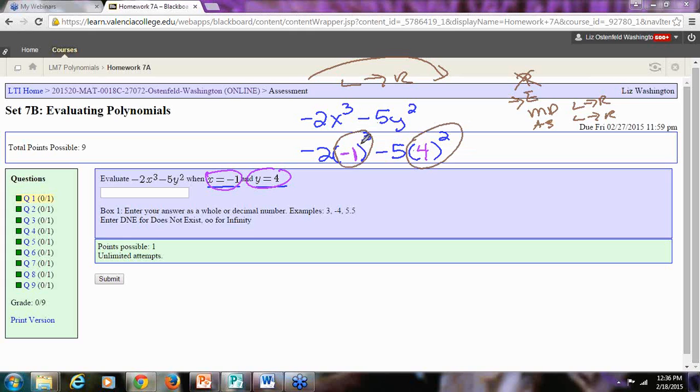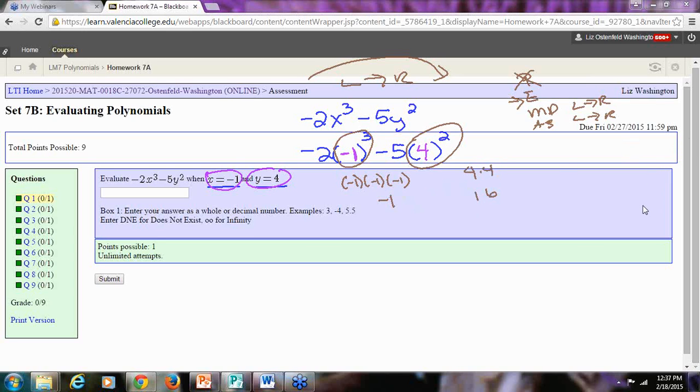So I have negative 1 to the 3rd power. Since the negative and the 1 are inside parentheses, that means everything inside the parentheses gets raised to the exponent. So negative 1 times negative 1 times negative 1 is just negative 1. And then here I have 4 squared, which is 4 times 4, which is 16. Now I'm going to rewrite the problem using these new values.